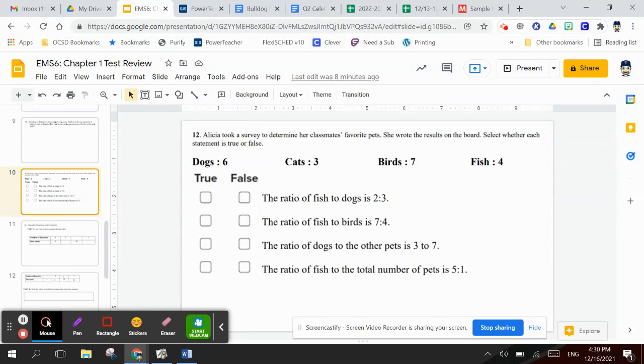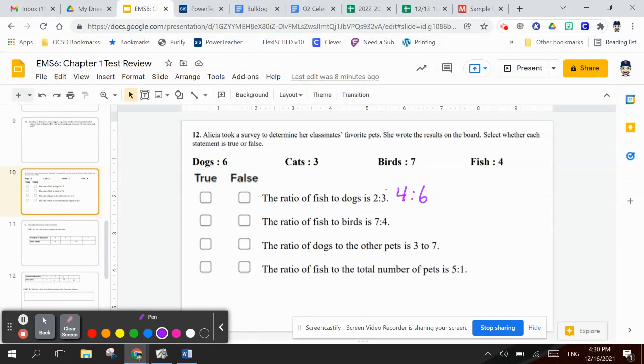Number 12 says Alicia took a survey to determine her classmates' favorite pets. She wrote the results on the board. Select whether each statement is true or false. The first one says the ratio of fish to dogs is 2 to 3. Well, there are 4 fish and there are 6 dogs.